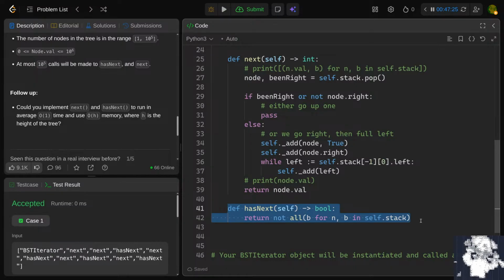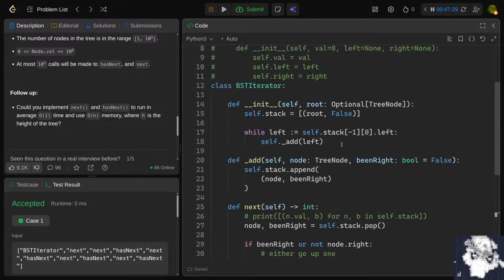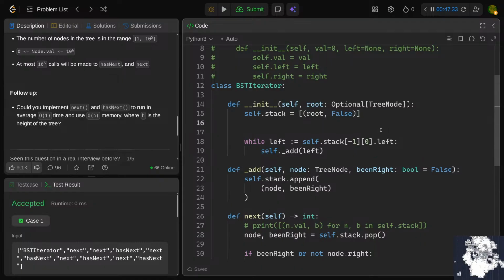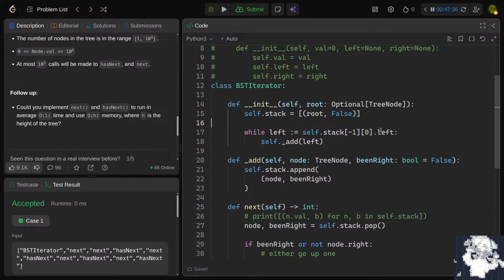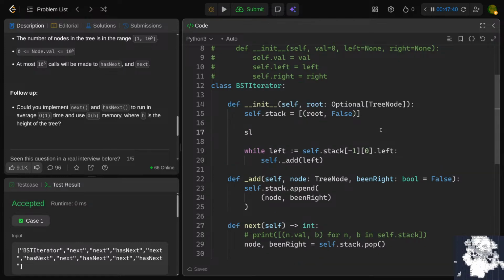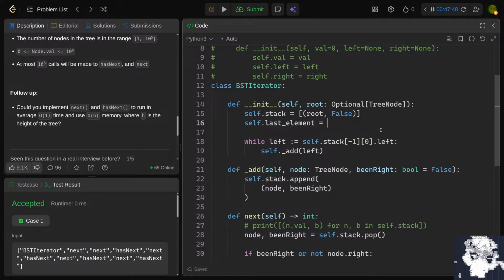This could be made to be exactly O1 by doing the thing that I was saying was cheating, which is to just set self.last element equals root, and then do this.